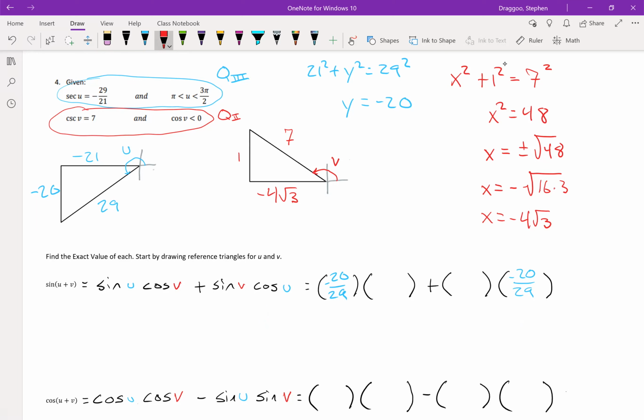For angle V, we'll put the cosine of V into the second slot, and that cosine of V should be negative 4 square root 3 over 7. And sine of V will go into that third slot. It is 1 over 7.